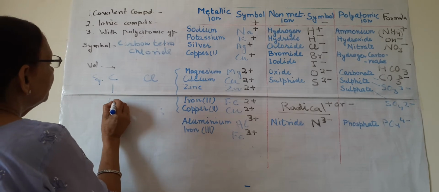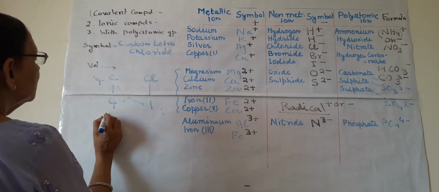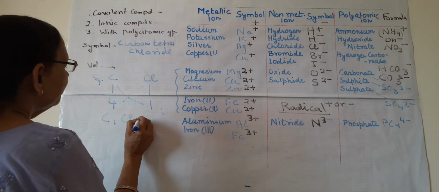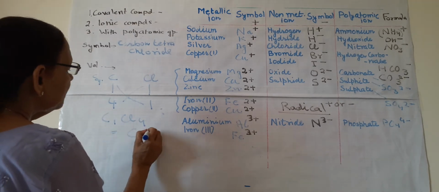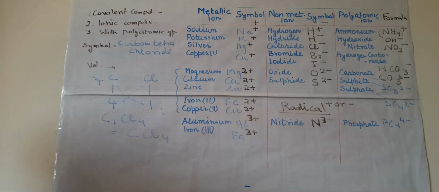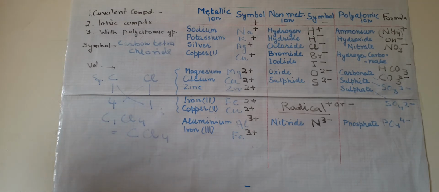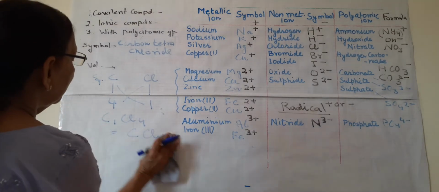Carbon valency 4, chlorine valency 1, crisscross: C with 1, Cl with 4, or CCl4. CCl4 is the formula for carbon tetrachloride.